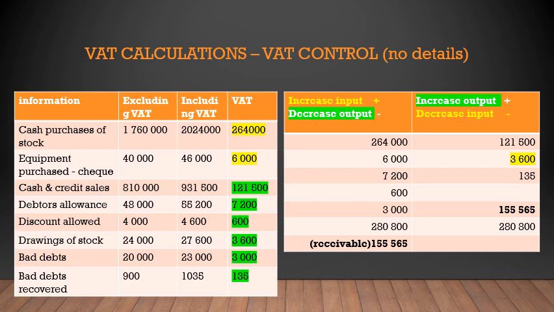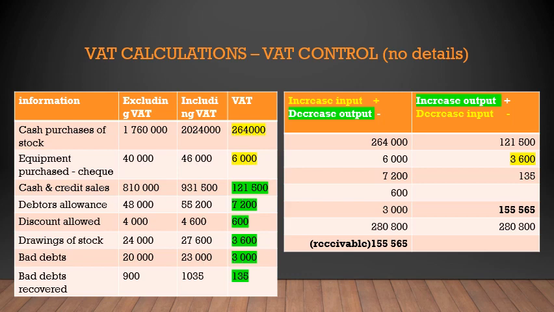Also input increasing, I write on the debit. Cash and credit sales, this is output, I record on the credit side. Debtors allowance, customers have returned, output decreasing, I record on the debit. It decreases payable. Discount allowed 600 decreases output, I record the 600 on the debit.